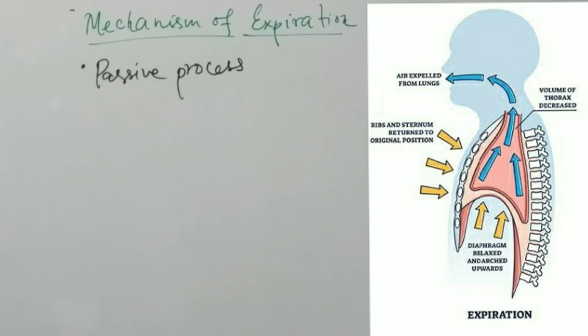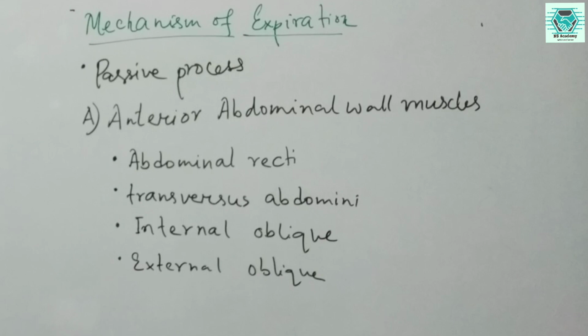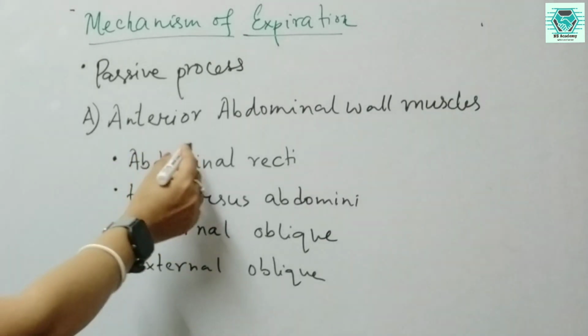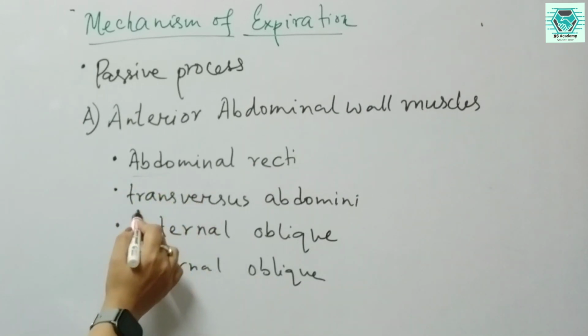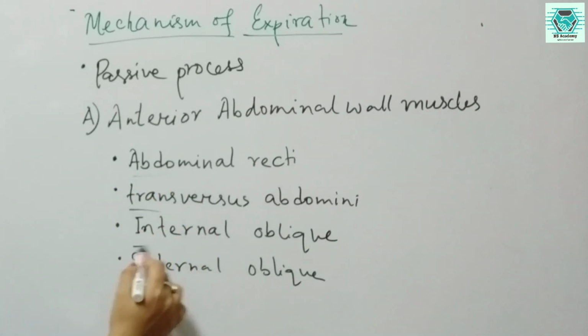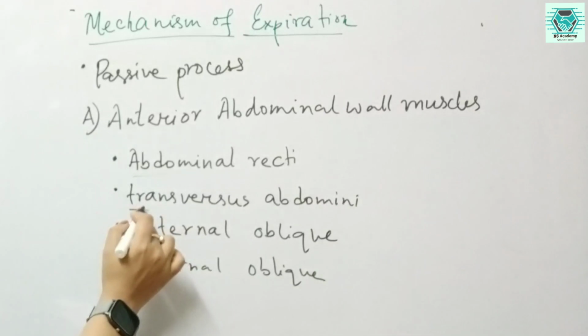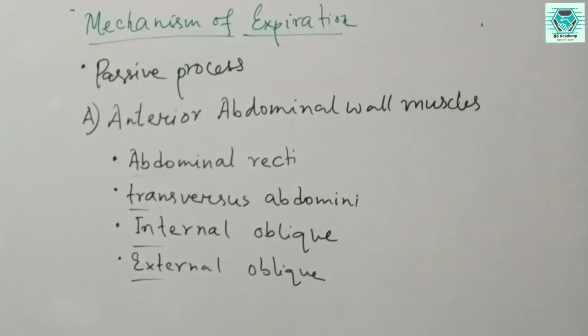These are the anterior abdominal wall muscles and the internal intercostal muscles. The anterior abdominal wall muscles include the abdominal recti, transversus abdominis, internal oblique and external oblique muscles. And another is the internal intercostals.